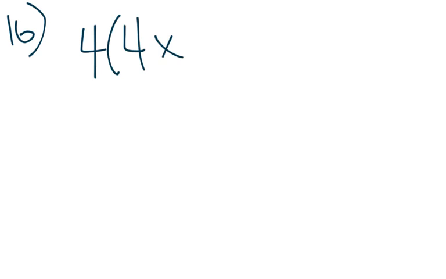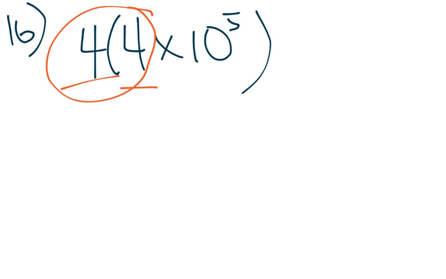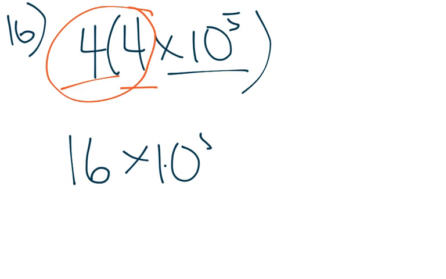Number 16. Okay, we have 4 times 4 times 10 to the 5th. What you're going to do here is take the number on the outside and the number on the inside and multiply them together. So 4 times 4 is 16, and this stays the same, times 10 to the 5th power.